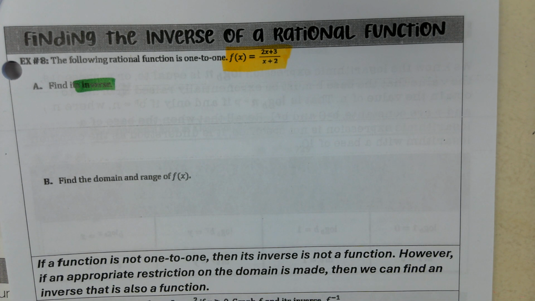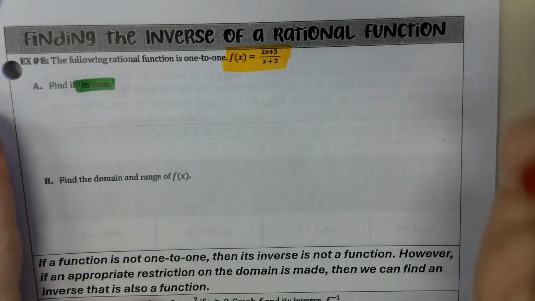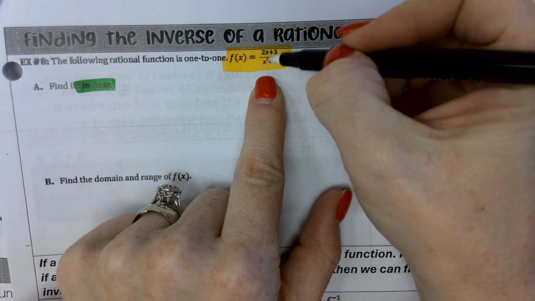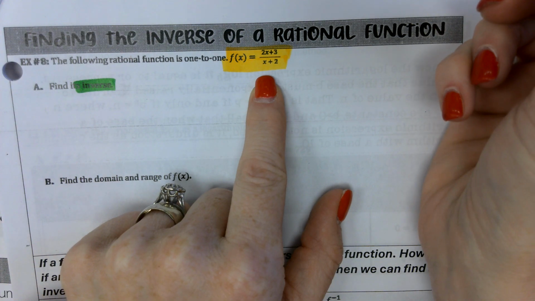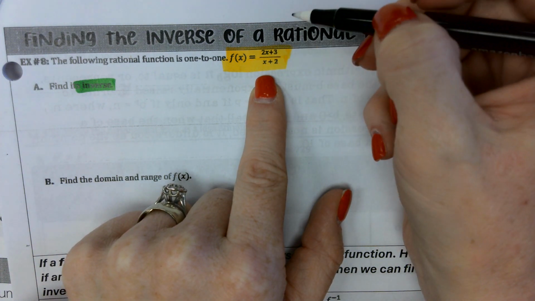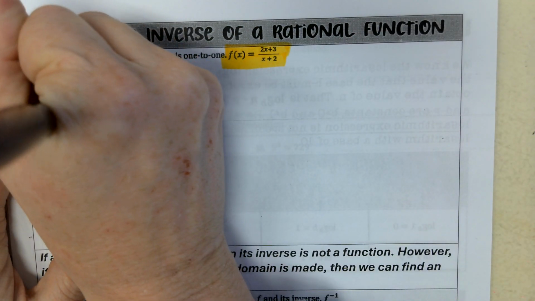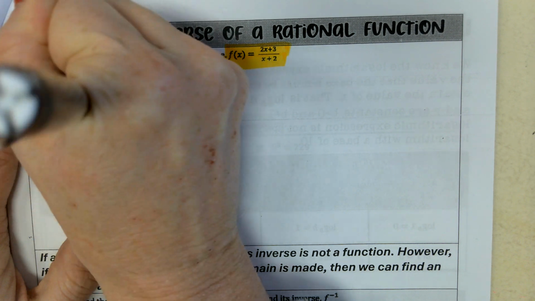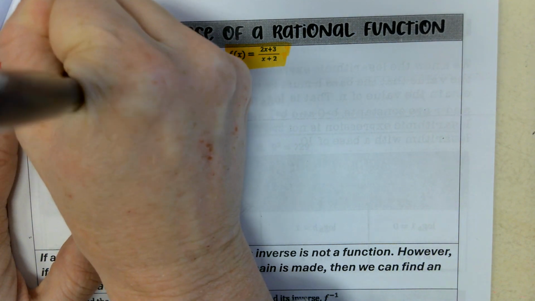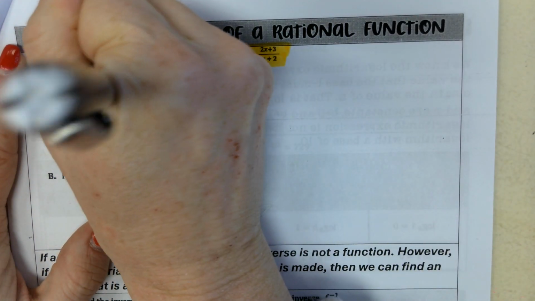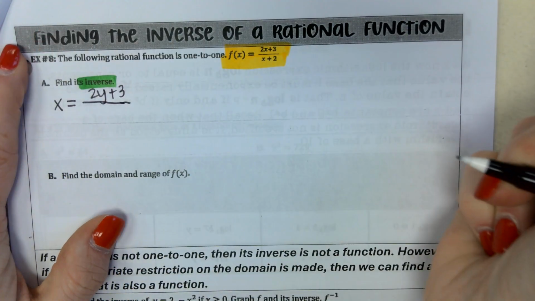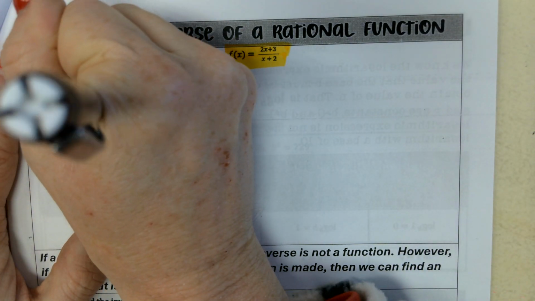To calculate an inverse, I swap the x and the y in my equation. How many x's do I have? I have 2 different x's, so I have to replace both of them with y. So I'm going to say x equals 2y plus 3 over y plus 2.